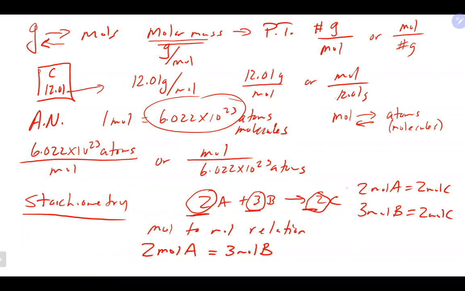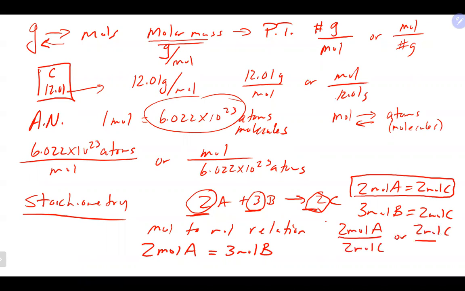So really, these are all equalities, and they're really just conversion factors that you could use. And from any of these, for example, this one here, we could write 2 conversion factors. We could write 2 moles of A over 2 moles of C, or 2 moles of C over 2 moles of A. The reason we use stoichiometry is in these types of problems, we are typically given information about something we're not interested in, and we need a way to convert from whatever they gave us information about to something else in the equation.